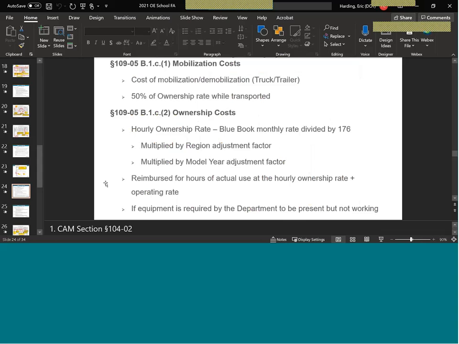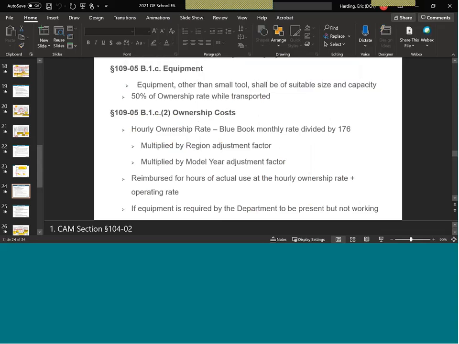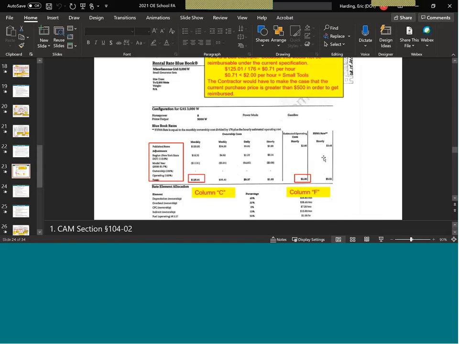Reimbursement for hours of actual use is at the hourly rate, hourly ownership rate plus operating cost. So that's what the contractor is reimbursed for the work. Go back here. Estimated operating cost hourly goes in column F.